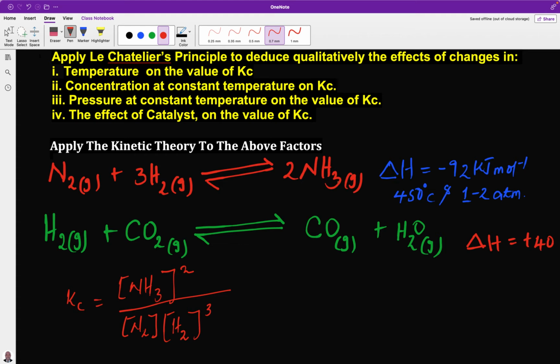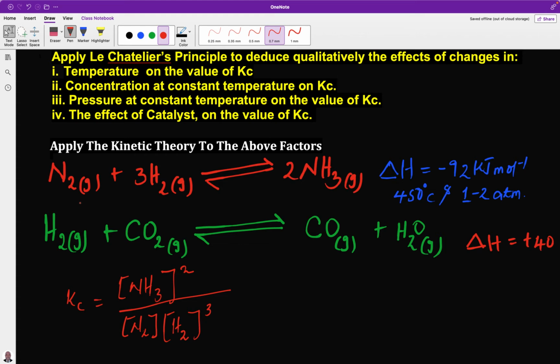More of the ammonia is going to be decomposed into nitrogen and hydrogen. And when more of the ammonia gets back to nitrogen and hydrogen, what happens? Our Kc is going to drop. Why do I say our Kc is going to drop? There's less ammonia and there is more of the reactant.